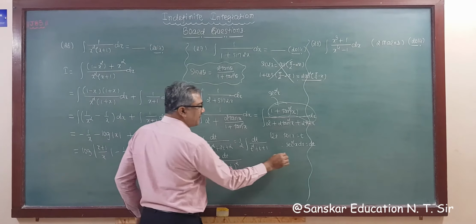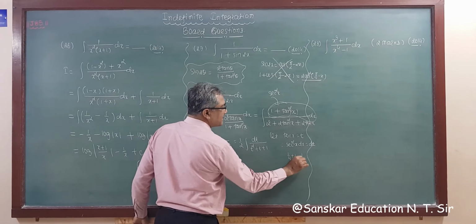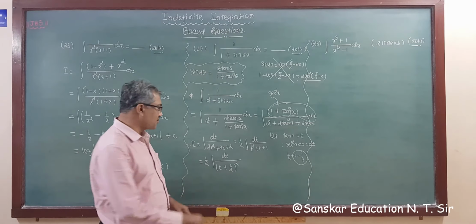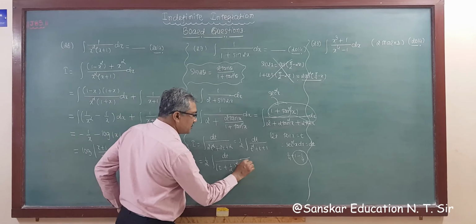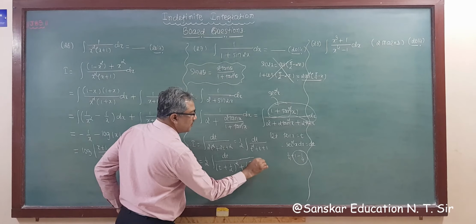I am adding 1 upon 4 here and separating 1 upon 4, so plus 1 minus 1 upon 4, which is 3 by 4. 3 by 4 means root 3 by 2 whole square. I am writing directly here because we are solving an MCQ and we have to save time. So root 3 by 2 whole square, dt.